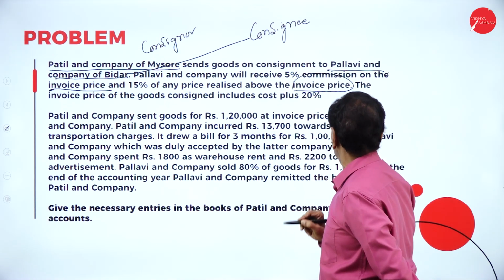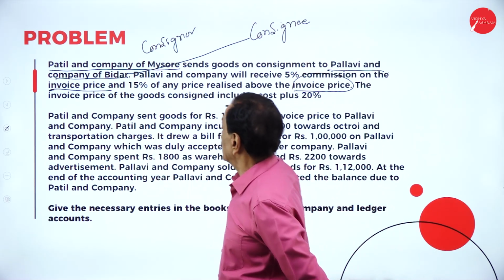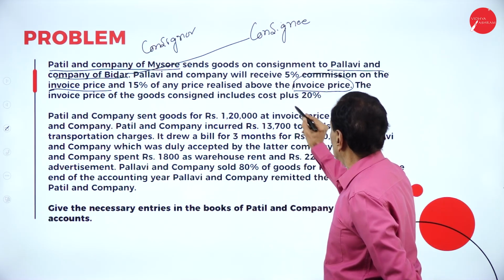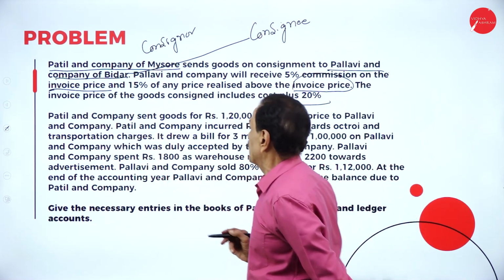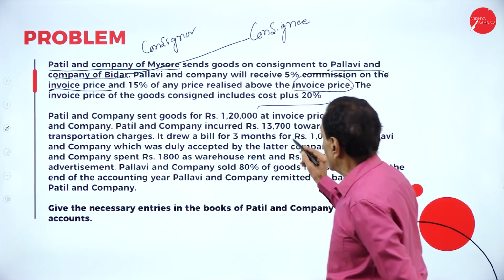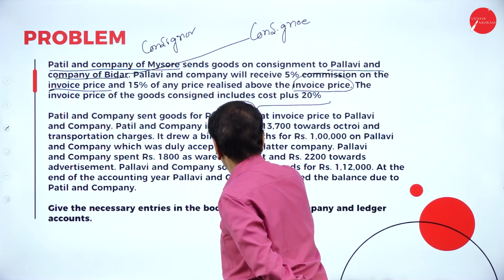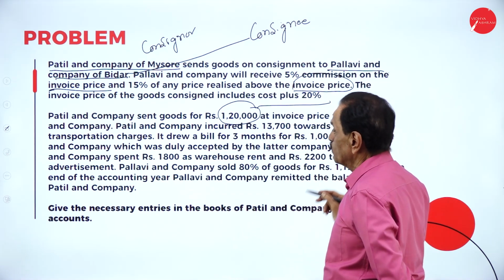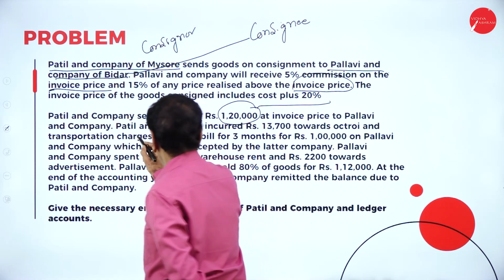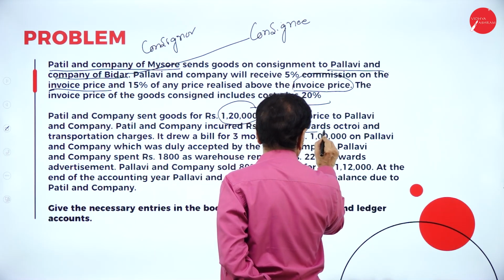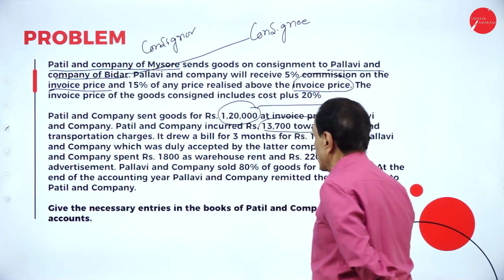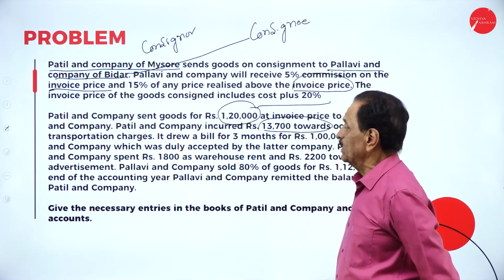This is important. The invoice price of the goods consigned includes cost plus 20%. Patil and Company send goods for rupees 1,20,000 at invoice price to Pallavi and Company. Patil and Company incur rupees 13,700 towards octroi, which is direct expenditure, and transportation charges.